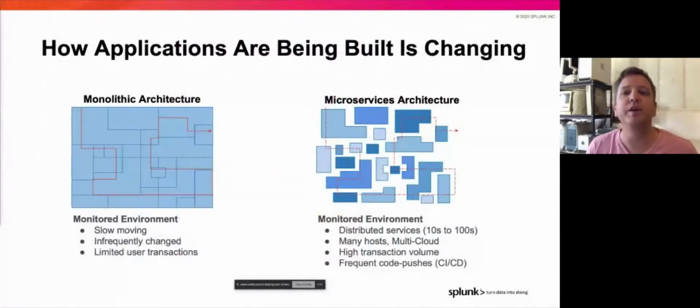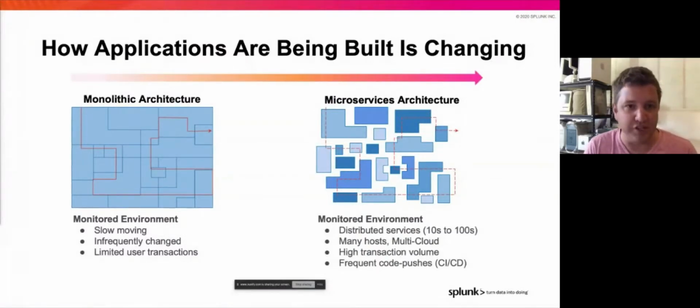And why is that? So why do we see a challenge as it relates to not just deploying these applications, but also managing them? Well, in the monolithic application architecture, when you deployed your code, you deployed it onto a server.